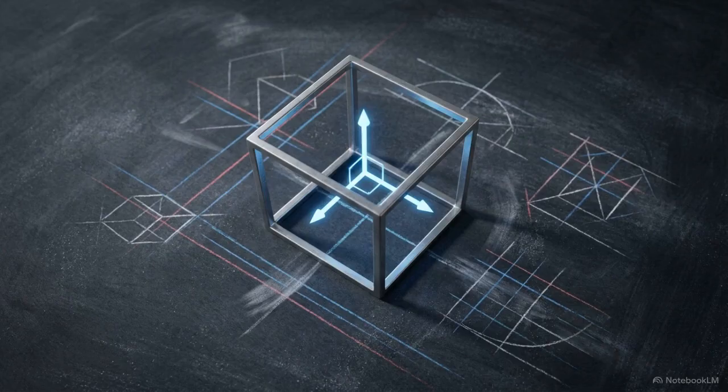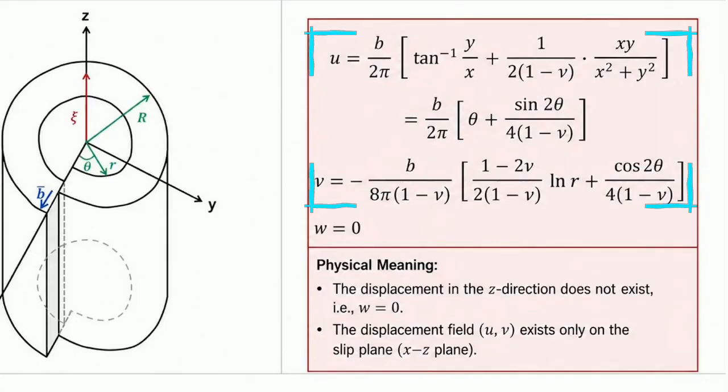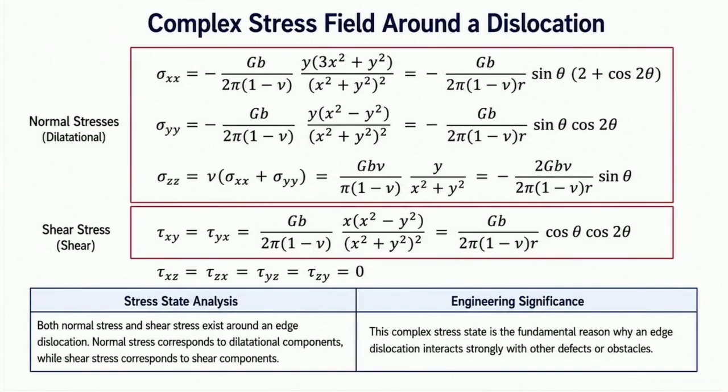The edge dislocation demands a far more complex mathematical treatment because its geometry is orthogonal. Looking at the mechanics, we see that atomic movement exists exclusively on the slip plane, along the x and y axes. Therefore, the z-axis displacement, w, is absolutely 0. This bidirectional in-plane displacement generates an incredibly intricate stress state containing non-zero values for sigma xx, yy, and zz.